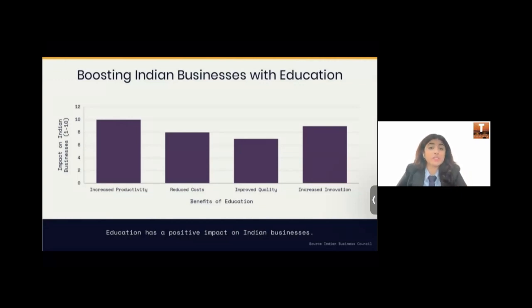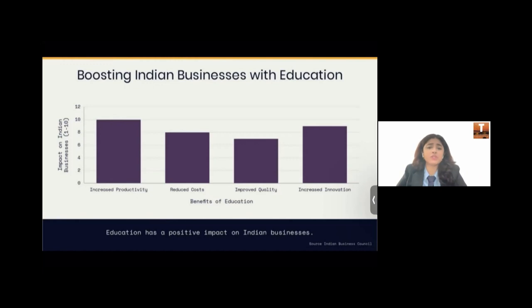Then comes continuous learning. Education instills a culture of lifelong learning. Through continuous professional development programs, workshops, and industry certifications, professionals can enhance their skills and adapt to an evolving market.